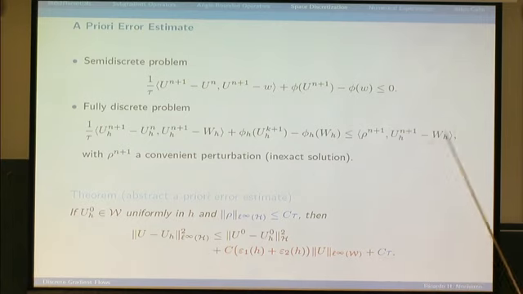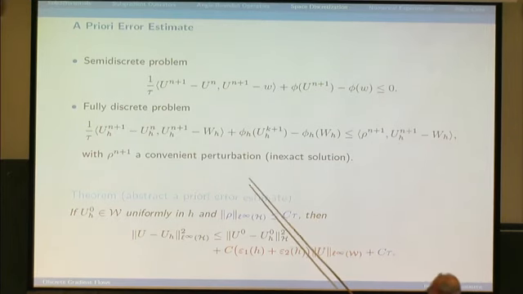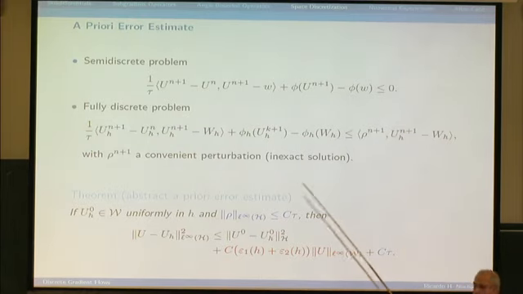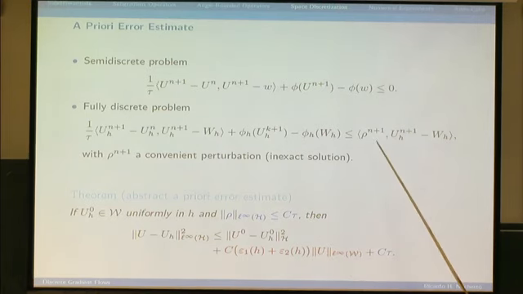And we can even allow a right-hand side with the function rho, which is convenient for inexact solutions, which is not important for the discussion now. Think of this rho to be 0 if you do an exact solution. In practice, you don't do an exact solution. You will do an iteration. We want to control the role of that iteration. There is an error associated with an iteration, and I hide that into the rho.